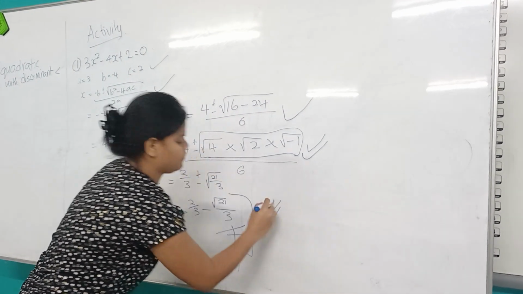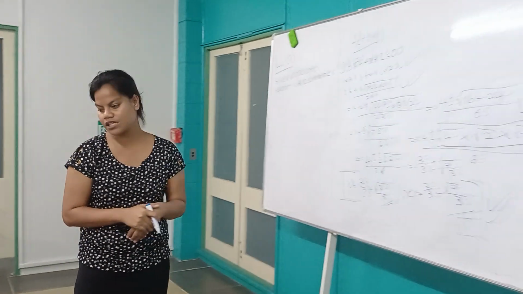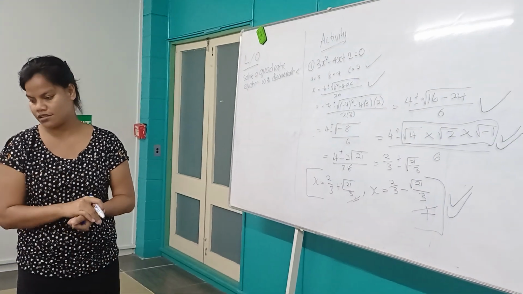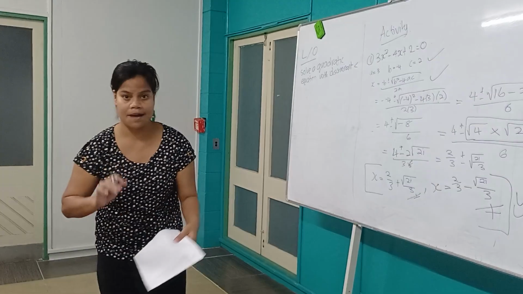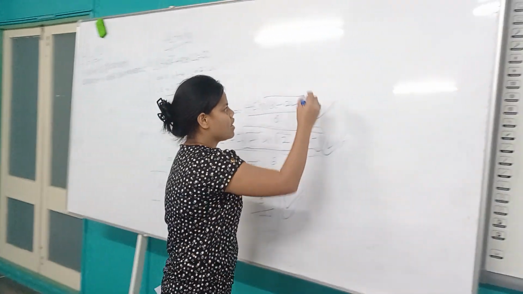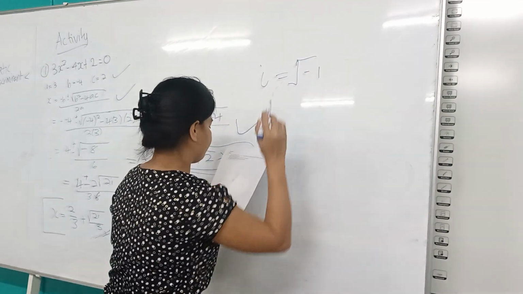That's correct. Okay, let's recap what we have learned today. First, imaginary numbers are the main important thing. Why? Because i equals root of negative 1.